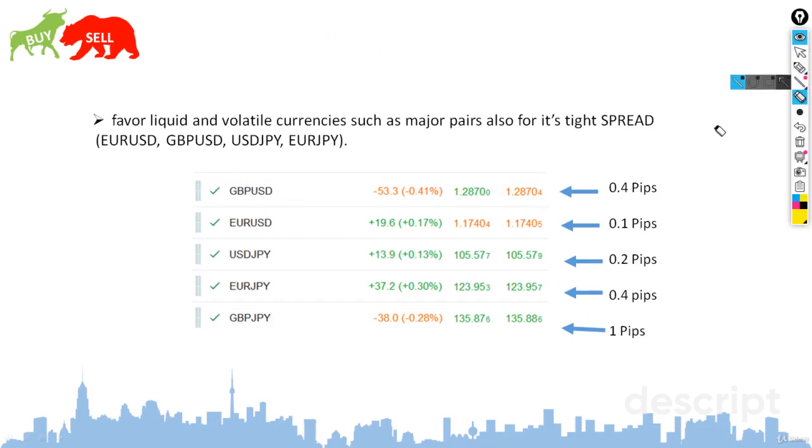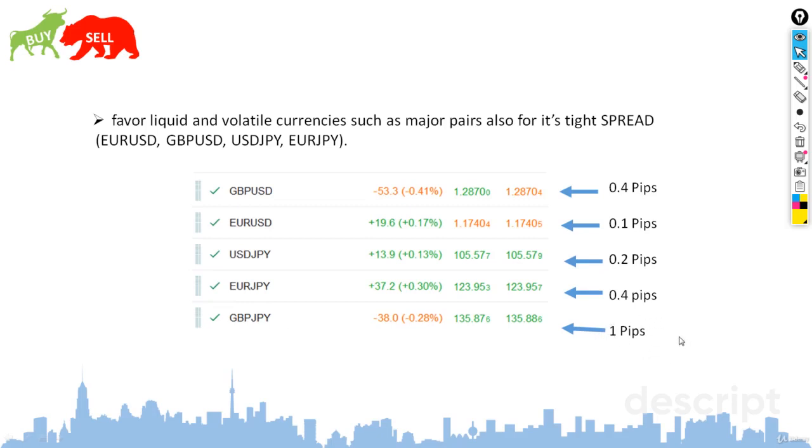And for the second currency we have EUR/USD, which has a very tight spread, 0.1 pips. Also USD/JPY, 0.2 pips. We have here the GBP/JPY, which has the biggest spread.